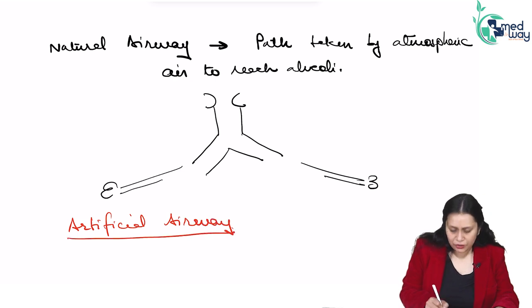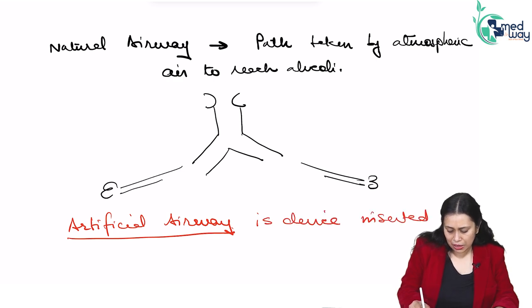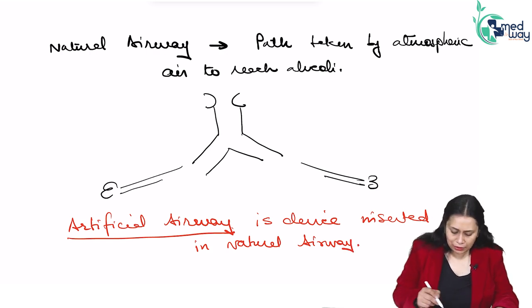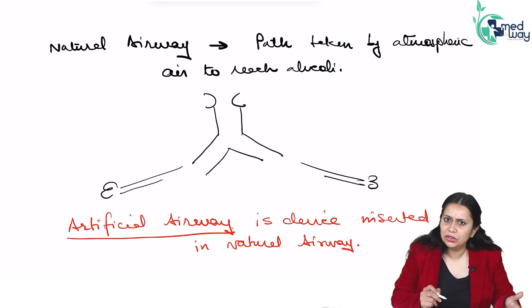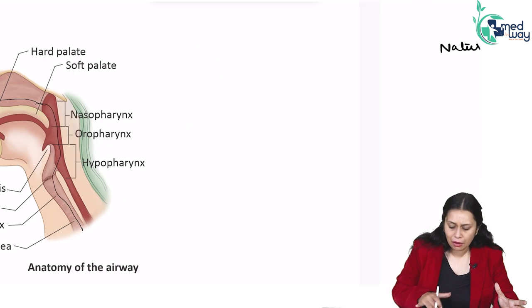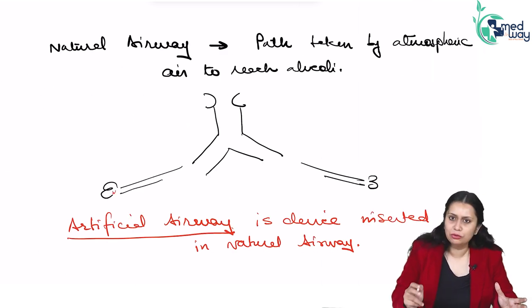Okay, so artificial airway is a device inserted in natural airway. Okay, now why do we need to insert the device? There are two reasons. One, for some reason, if the patency of the airway is lost, trauma, unconsciousness, we need to maintain this natural airway for the free passage of the gas to the alveoli.